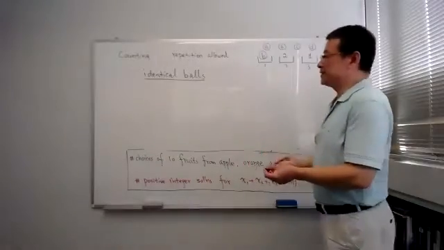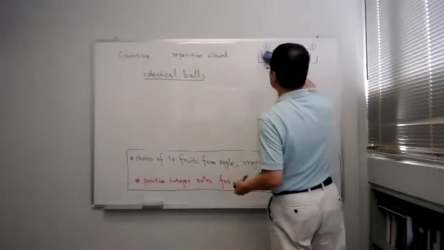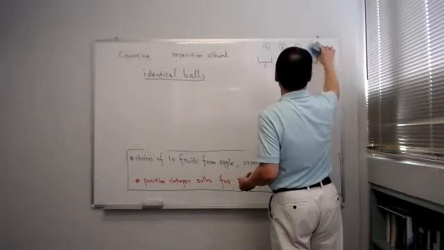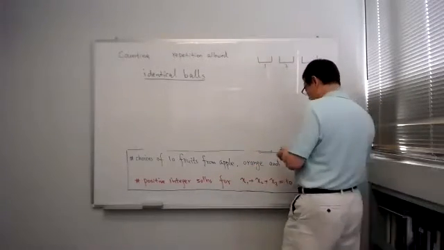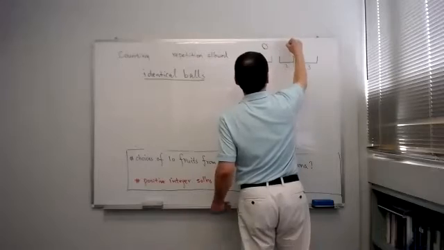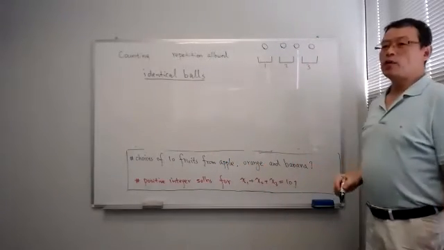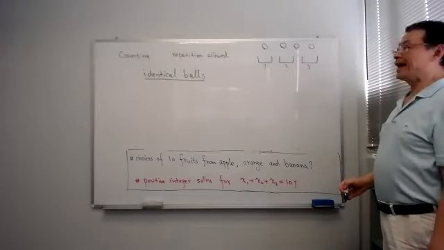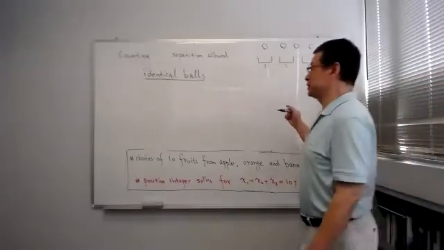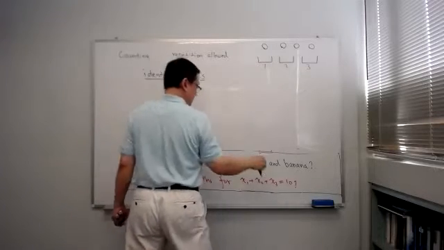Now we consider the situation where balls are the same. The boxes are still different, but here we have all identical balls. All right, I want to put n identical balls into k different boxes. So that's the situation. Put n.